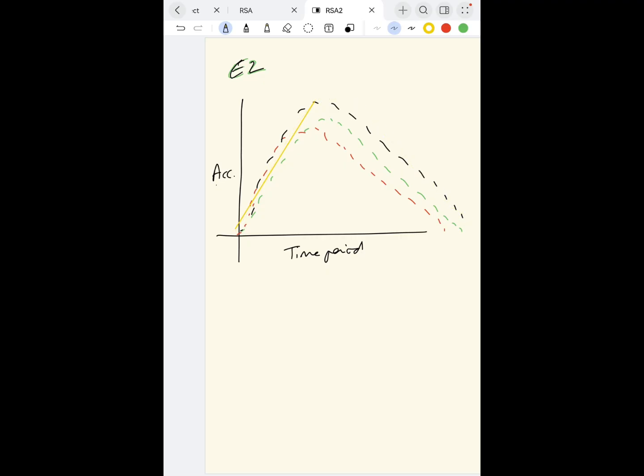So this is the maximum expected acceleration to occur to a single degree of freedom one-story building due to the earthquake.